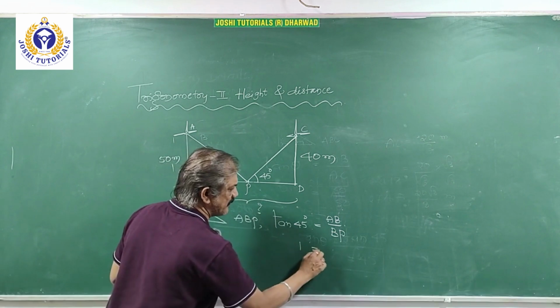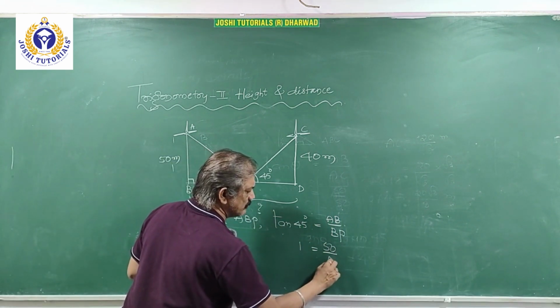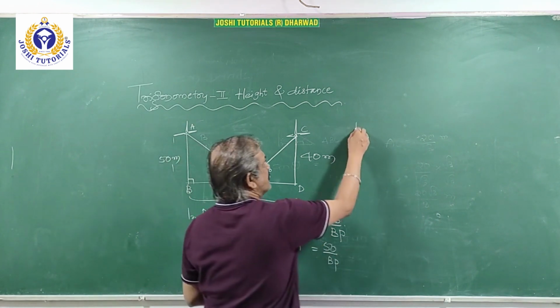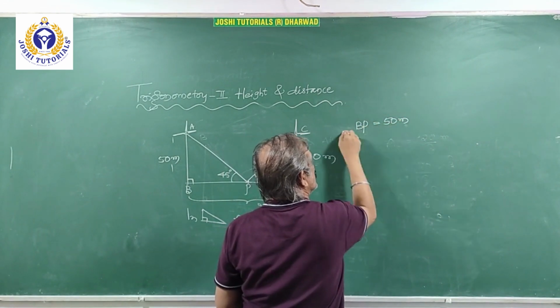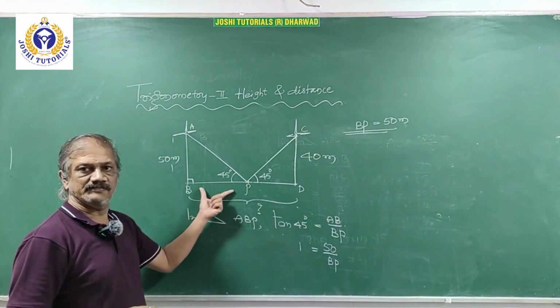Tan 45 is 1, AB is 50, BP is not known. Go for cross multiplication: BP into 1, so BP equals 50 meter. You have got BP, the distance here.